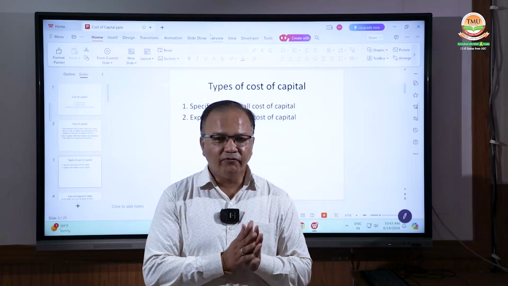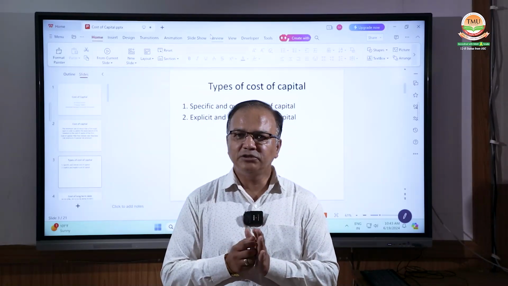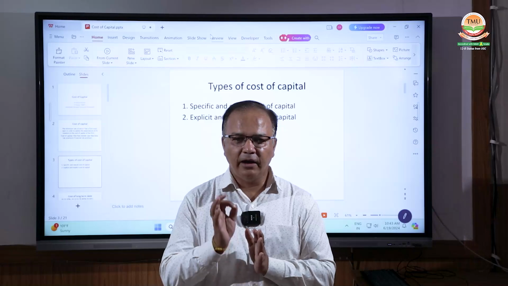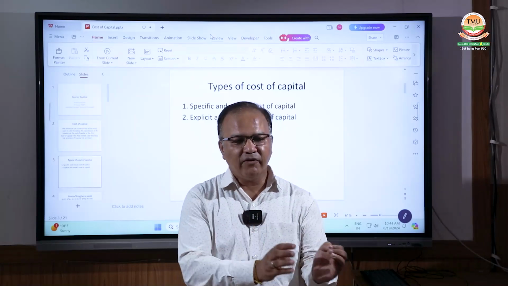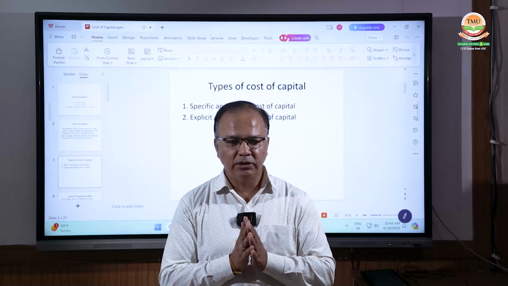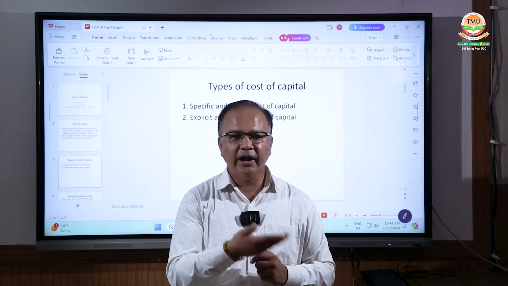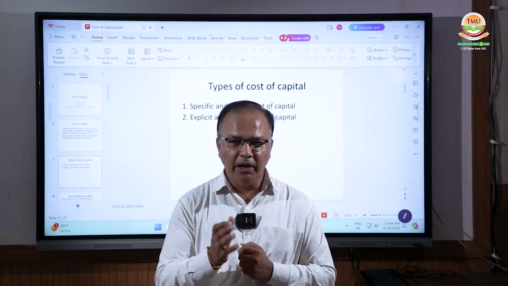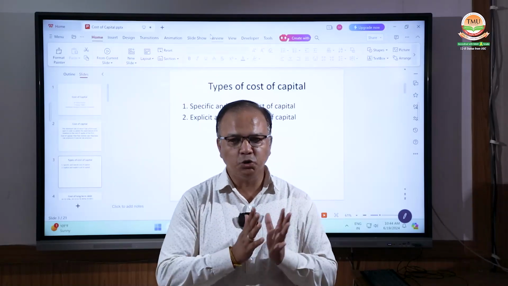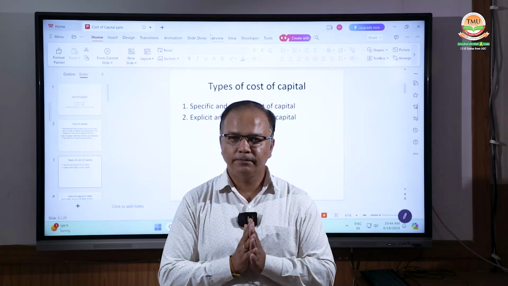So, if I am using these 2 crore rupees, I should keep in mind one thing, that if I am not using these 2 crore rupees, then they could earn some return, and the minimum return which these 2 crore rupees can give to the organization is a risk-free return.